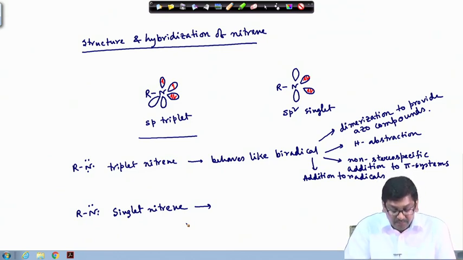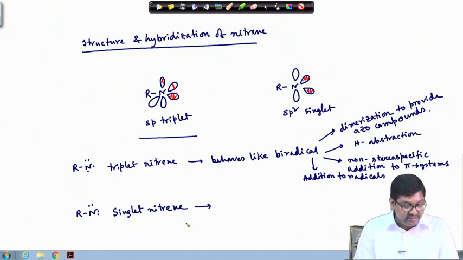One important aspect of this singlet nitrene is that it has one empty non-bonding molecular orbital, and that has the capability to accept electrons from other sources. So, in that case this type of singlet nitrene behaves like an electrophile.